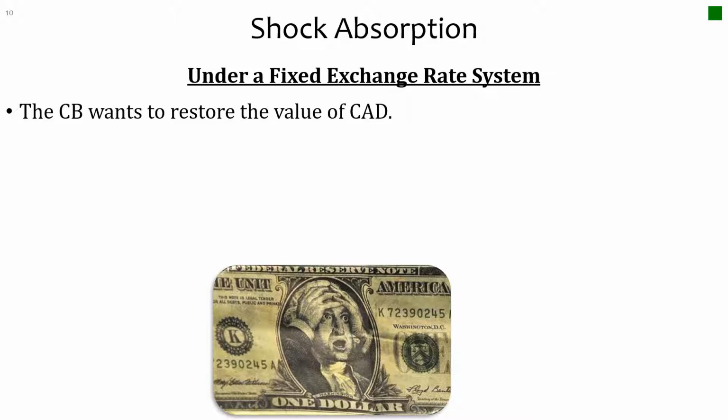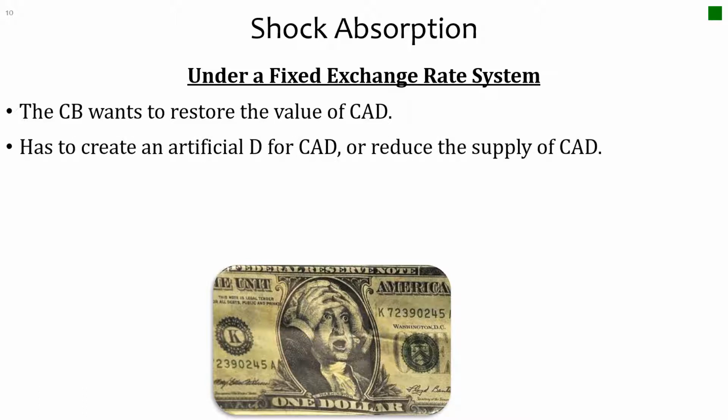The idea is that they would have to create some artificial demand for the Canadian dollar or reduce the supply of Canadian dollars. Either way, right? Remember, the value of something goes up if there is either too much demand for it or not enough supply of it. And the central bank can do that because the central bank is our monetary authority. So if you remember from intro, we had this thing called the money market, we had the central bank, we had monetary policy.